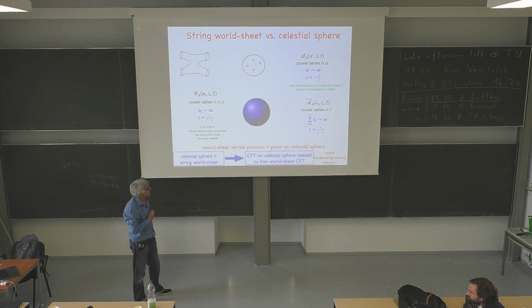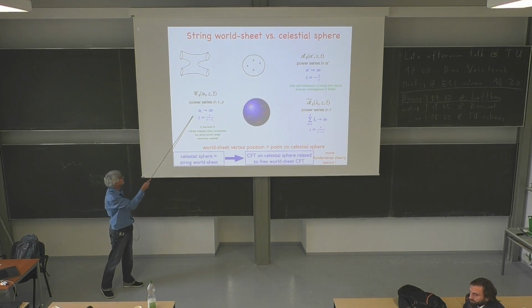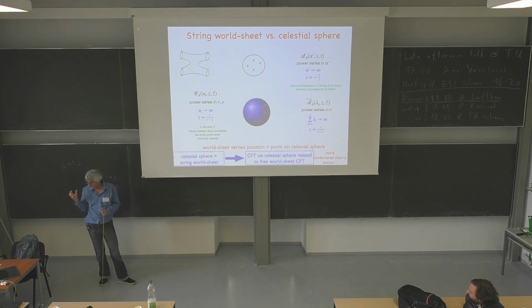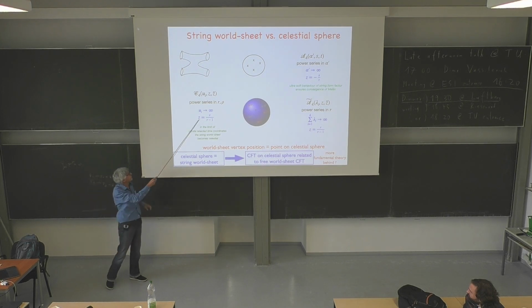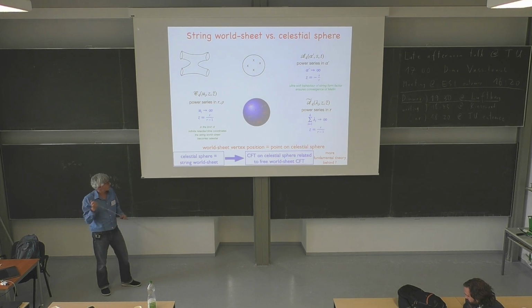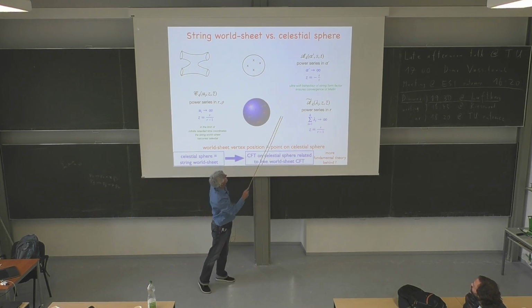The analogous limit in the Carrollian case is that you send one of the four u coordinates to infinity, and then again the Carrollian amplitude receives only a contribution from the saddle point on the celestial sphere, but this saddle point is actually the same saddle point which appears in the alpha prime, the high energy limit in string theory.